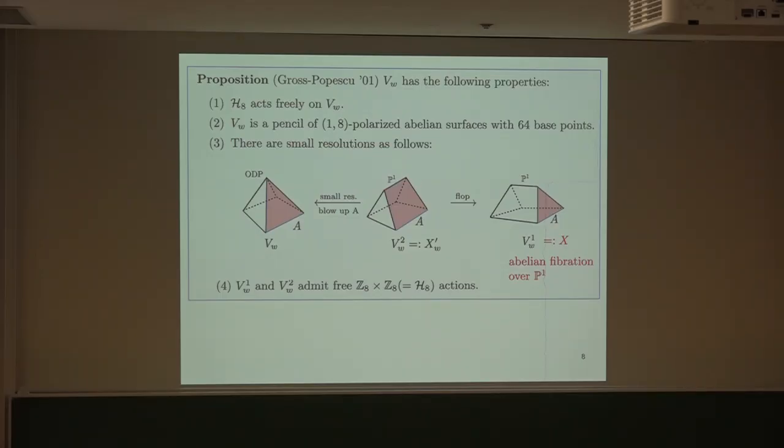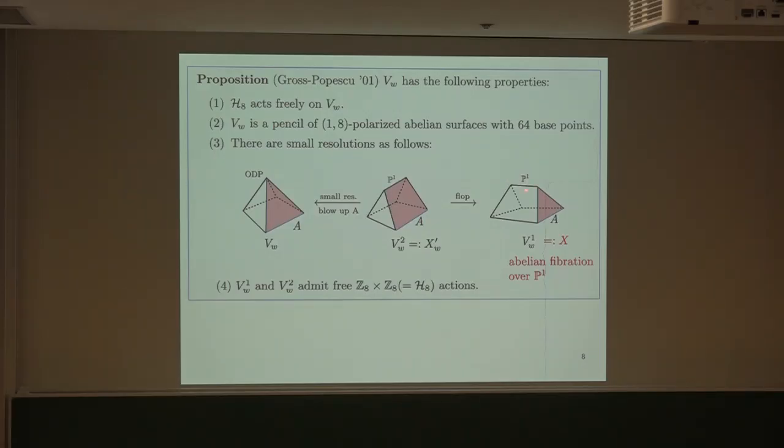The point is that the small resolution we can do globally and projectively. And after this, we plot this P1 to this form. And this bottom line is P1 for the tensor, a one-parameter family of abelian surfaces, and this one is the exceptional curve.